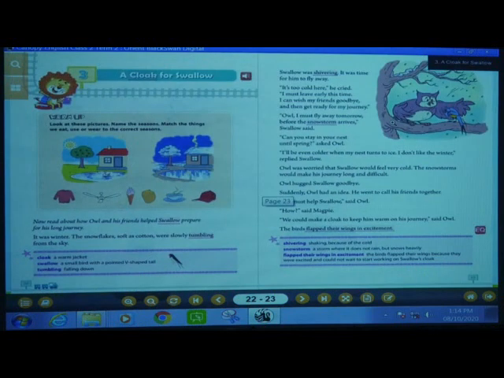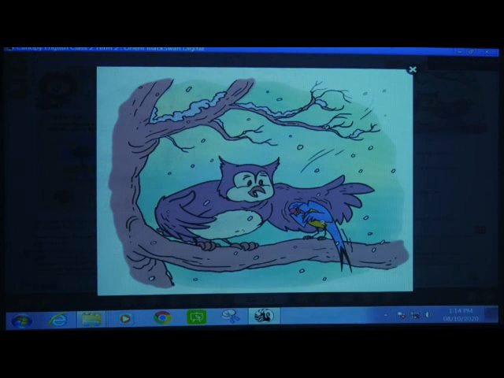So, in short, the story is about making a cloak for Swallow. And who is making the cloak? Owl and his friends. Now, as Swallow doesn't like winter, what is he doing? He is leaving that place early this time.